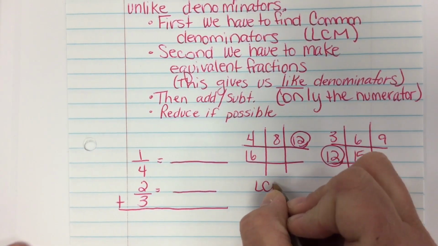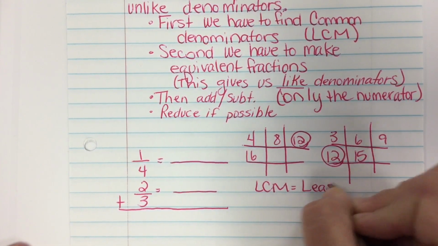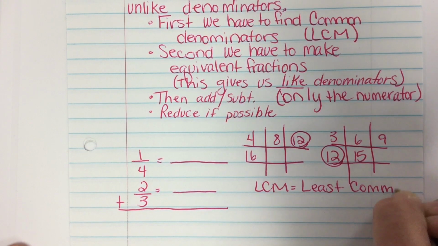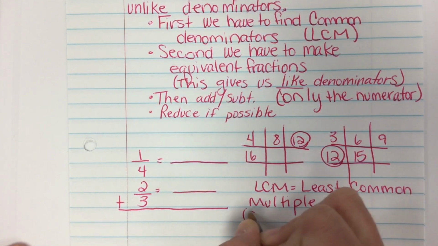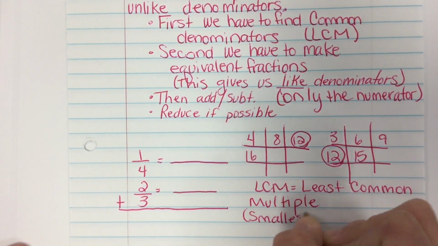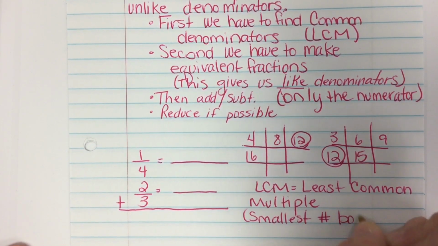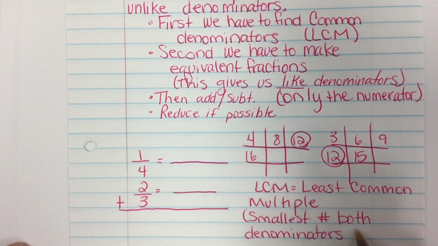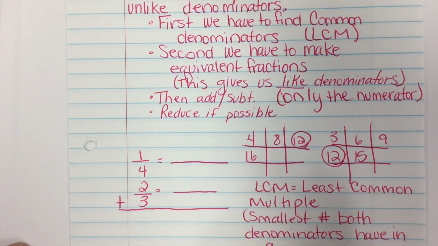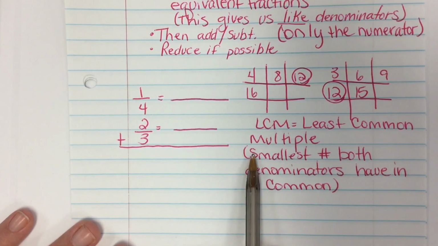The LCM, least common multiple, means the smallest number both denominators have in common.